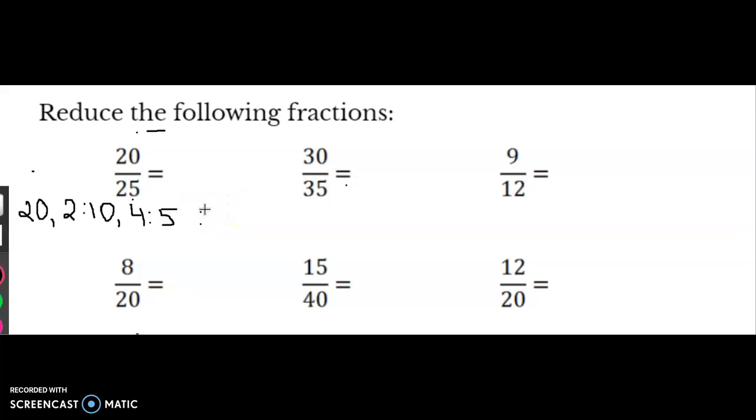And 20 divided by 5 is 4. 20 divided by 6 we cannot. By 7 we cannot. By 8 we cannot. By 9 we cannot. By 10, 20 divided by 10 is 2. And 11 we cannot. 12 we cannot. 13 we cannot. 15 no. So 20 divided by 20 is 1.